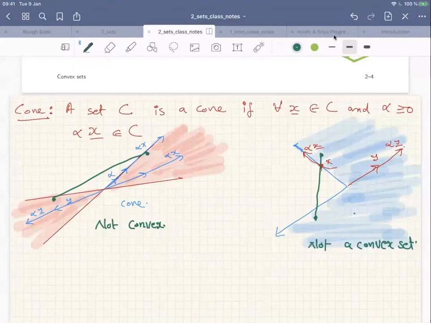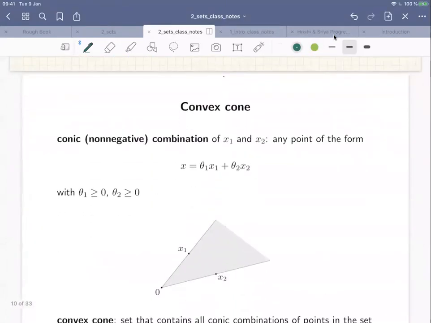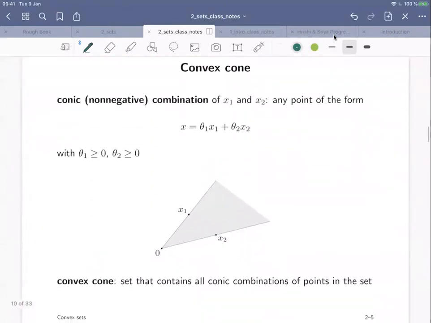Now let's think how to make this convex, or how to define a convex cone. The definition for a convex cone is, it's a cone again, or we can say that a set that contains all the conic combinations of points in the set.